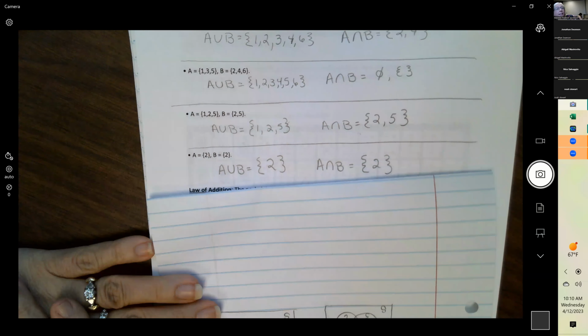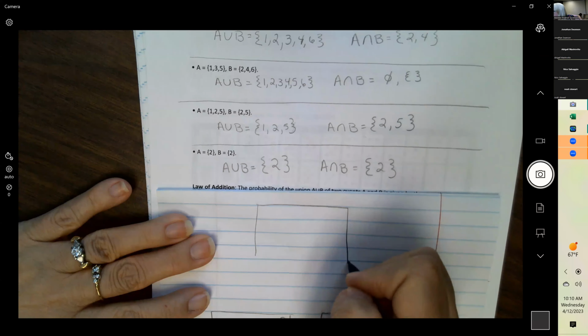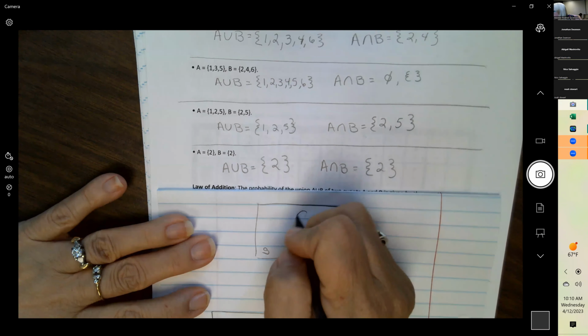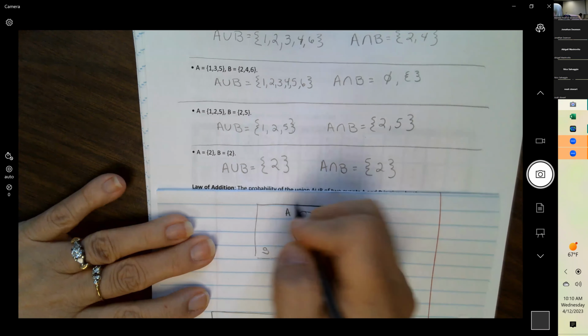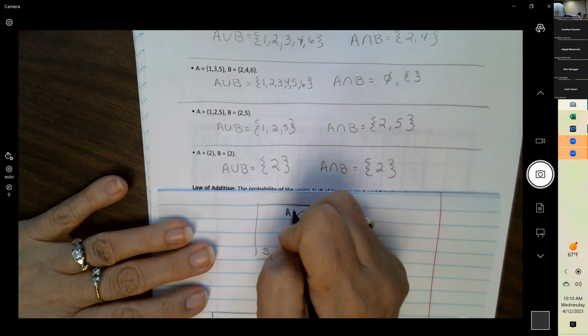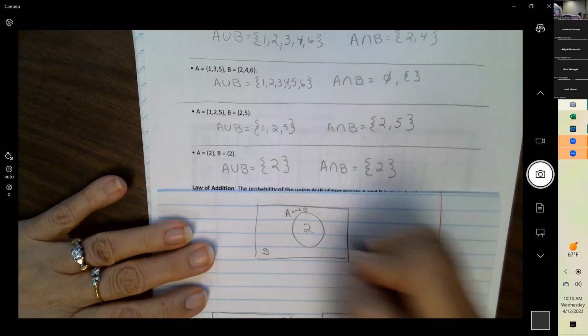These two are both exactly the same. So you could put one circle, A and B, if you wanted. Like that.